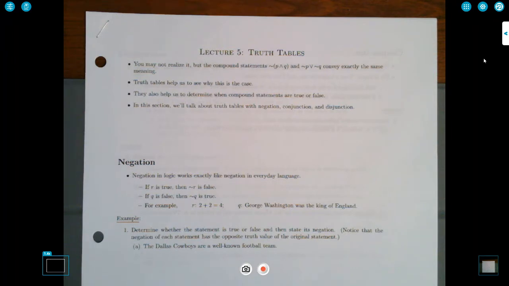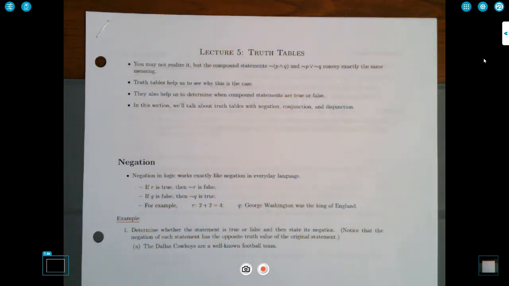In lecture 6, the next lecture, we'll talk about truth tables with conditionals and biconditionals, and we'll talk a little bit more about what conditionals and biconditionals mean. So anyway, let's get into it.